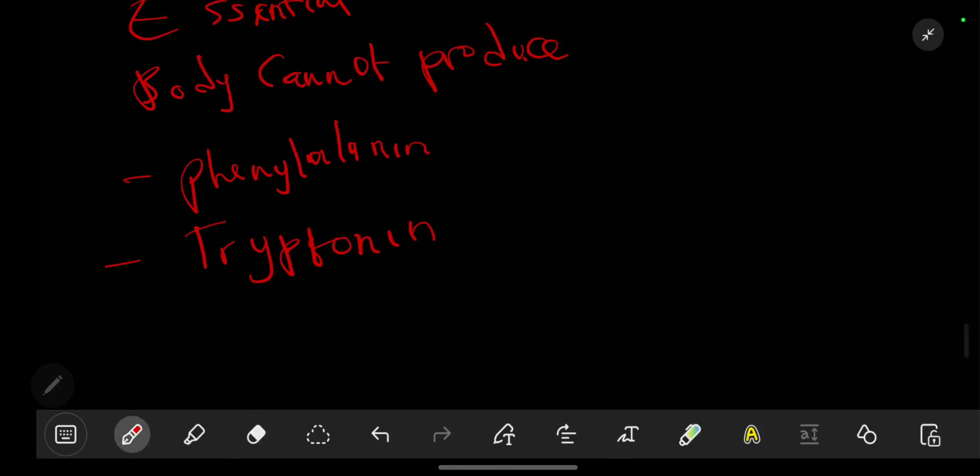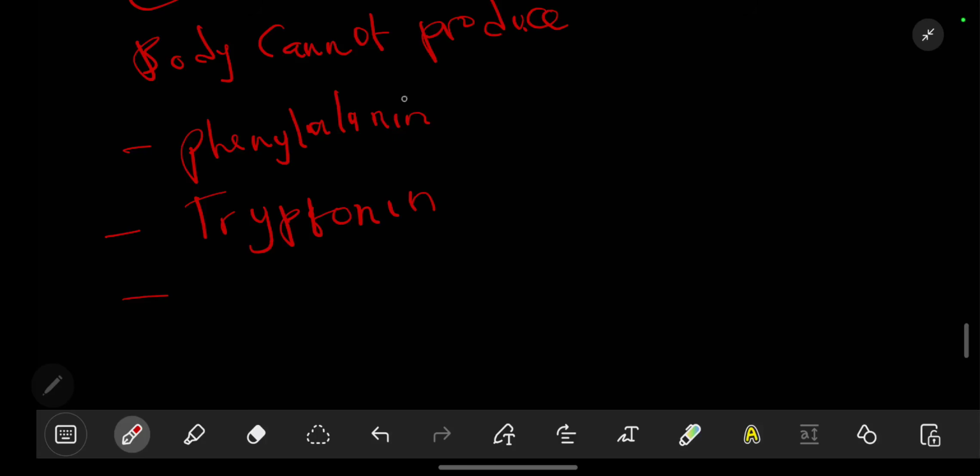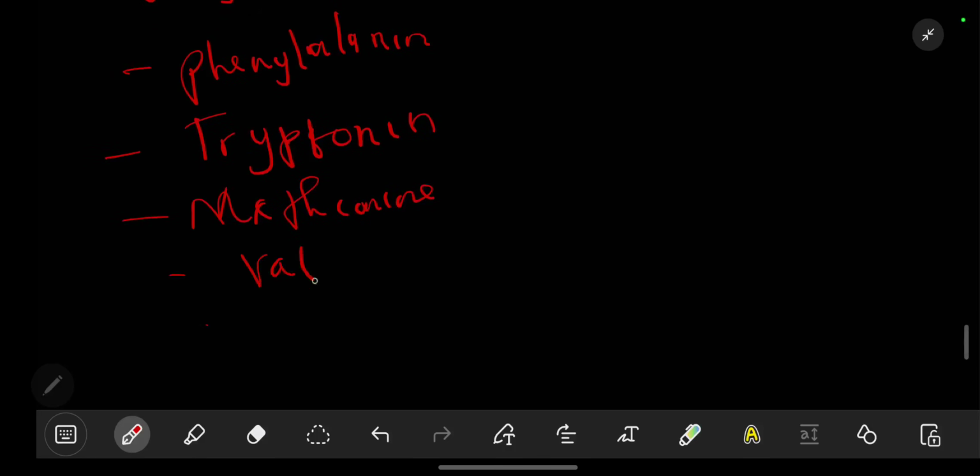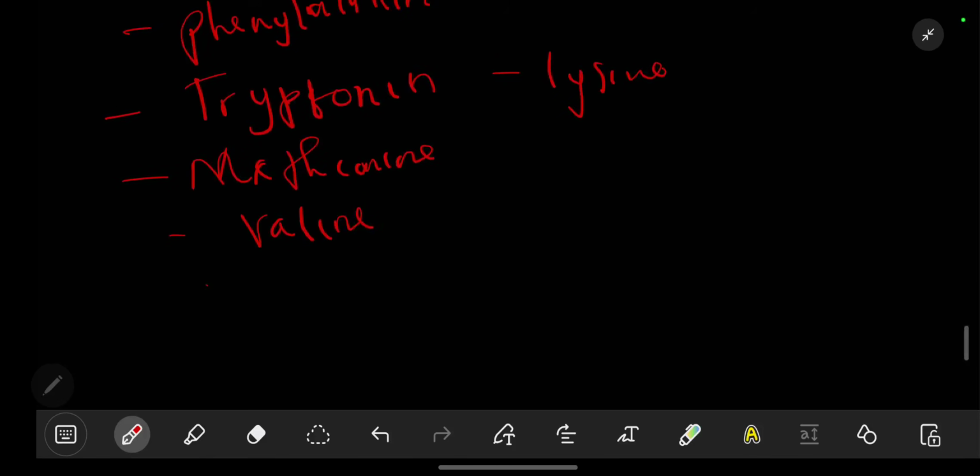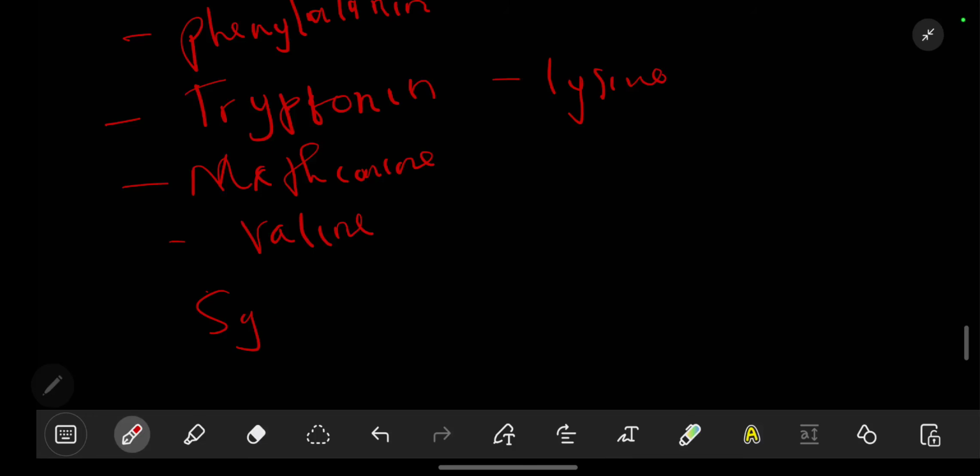These have aromatic rings. We might have methionine. We have a lot of them. We have valine, we have lysine. So there are a lot of them. These are needed mostly for protein synthesis and repair.